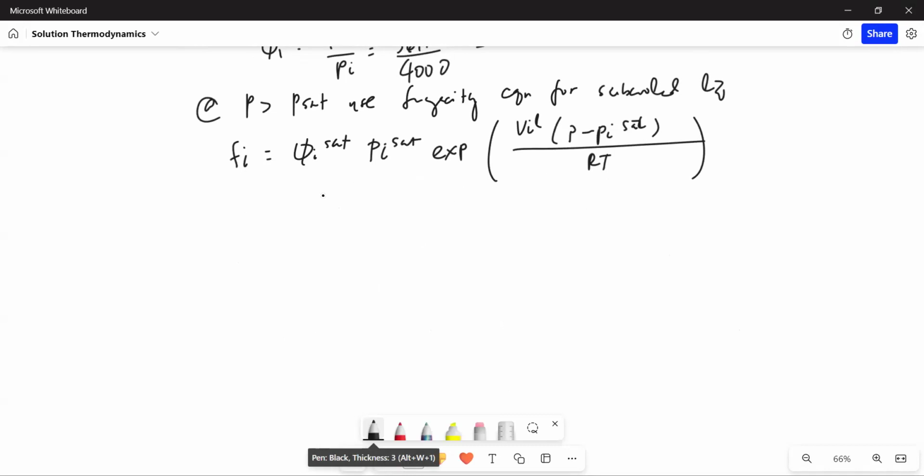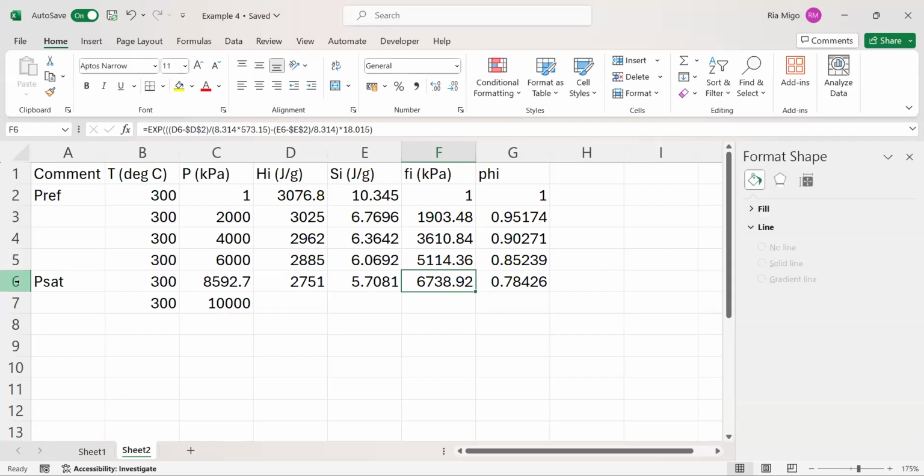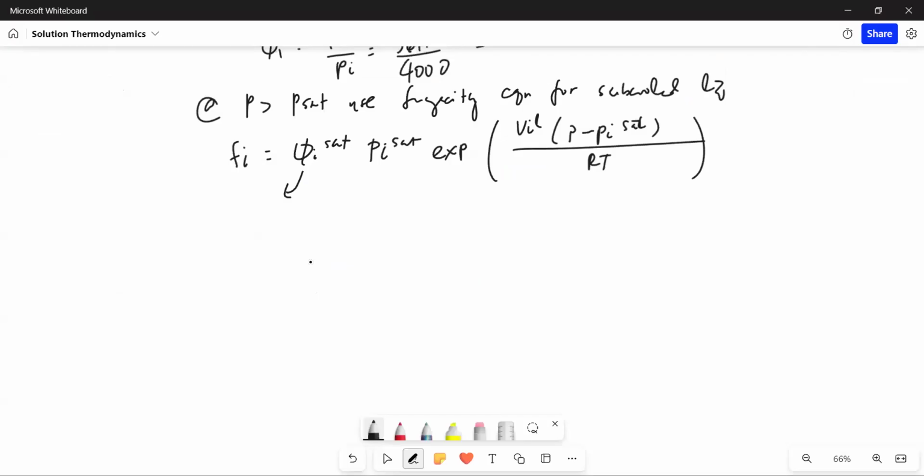For phi saturated, what is this value? We simply need to look at our table, here, at the saturation pressure. This is phi saturated, so copy that, 0.7843.